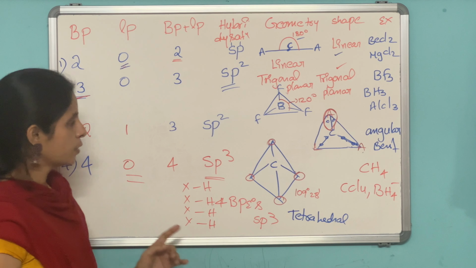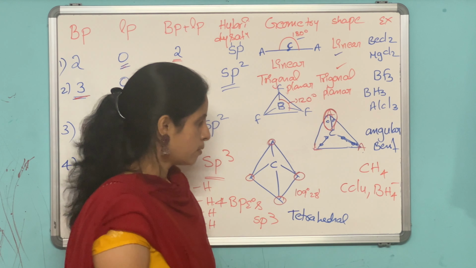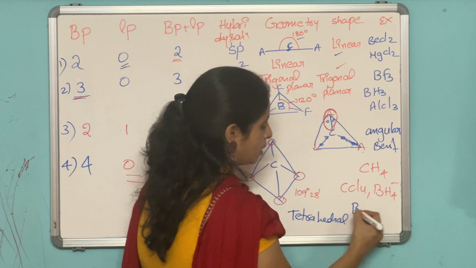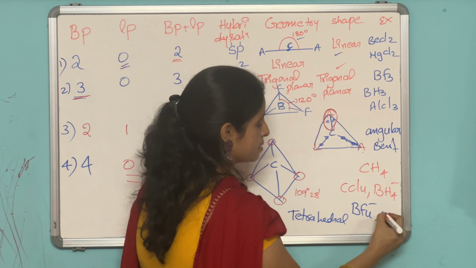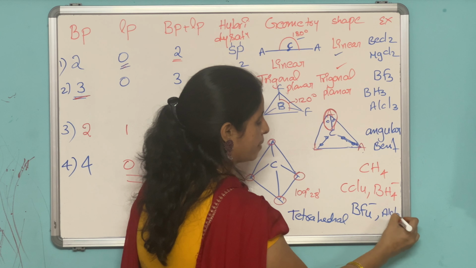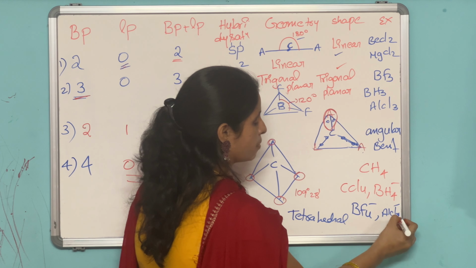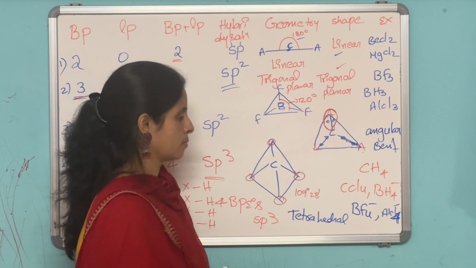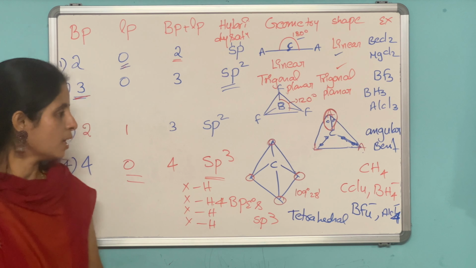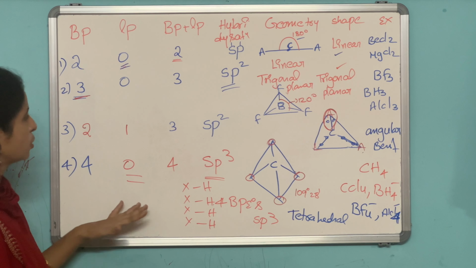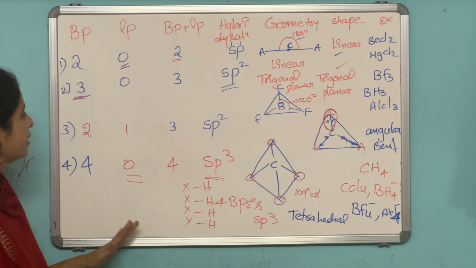Okay, now you can write CH4, CCl4, BH4 minus, BF4 minus, AlCl4 minus actually. Yeah, all these are examples for this fourth one. Okay, clear till now?